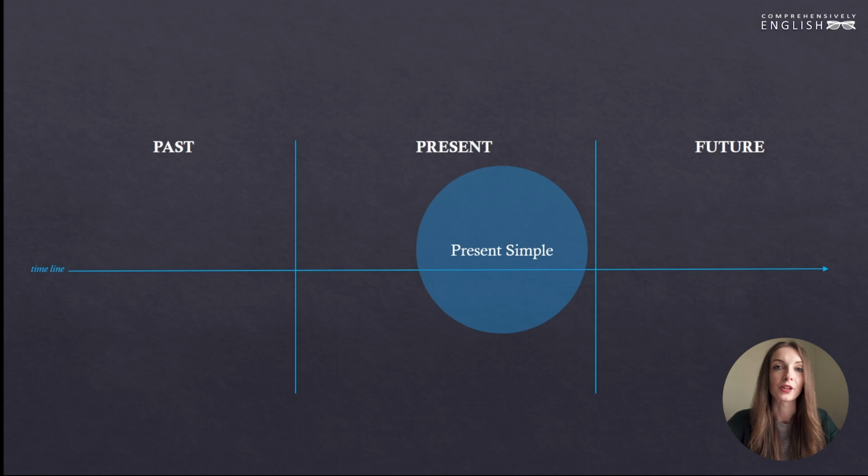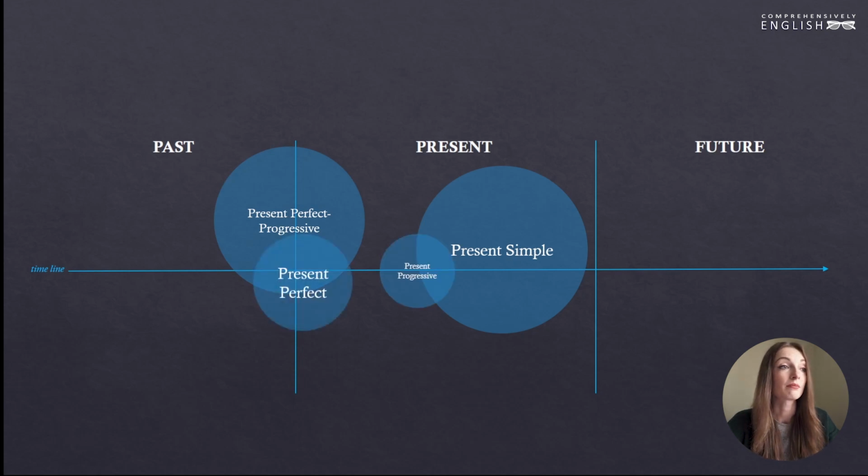In the present room, thus, we have the present simple tense, the present perfect progressive tense, the present progressive tense, and the present perfect tense. We see that the present perfect progressive and present perfect tense, they are somewhat in between the present and the past.